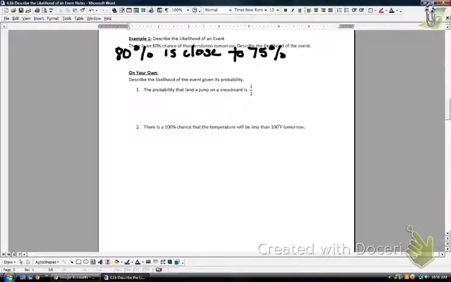So how I describe that is likely. It's likely going to rain tomorrow if we have an 80% chance of thunderstorms. The description is likely. All right, so then pause the video and do the on your own, and then come back and check your answers.